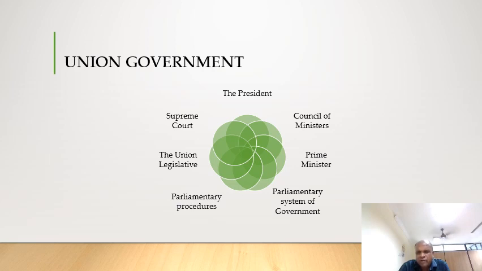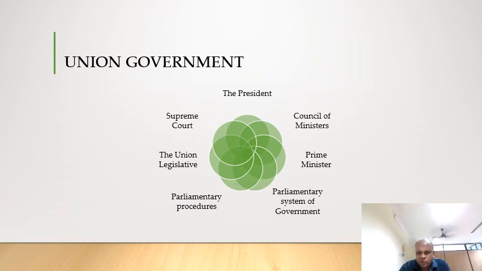We go for the parliamentary system of government. Already I discussed with you the bicameral legislature system. We have two houses, Lok Sabha and Rajya Sabha. Lok Sabha members are elected directly by the people, and Rajya Sabha members are nominated by the representatives of the people.